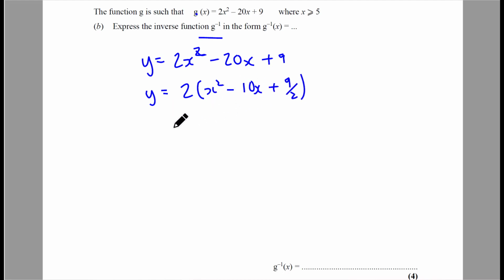Then we can complete the square on the inside. If you remember this, completing the square with a coefficient, that's going to give us x minus 5 squared. We've got to minus the 25 plus 9 over 2, which is 4.5.